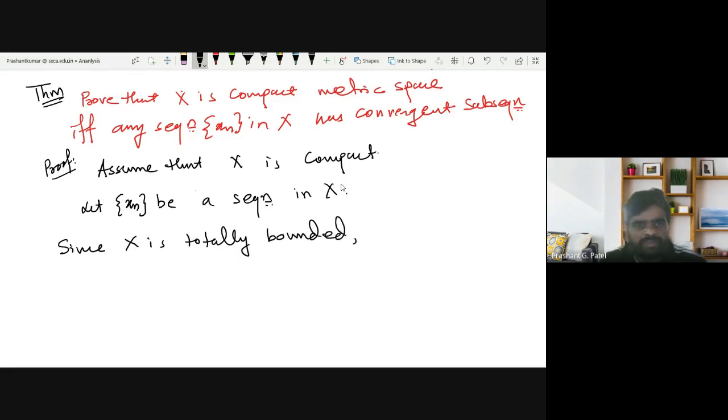Since X is totally bounded, as we have discussed, any sequence has a Cauchy subsequence in it. That is the result which we did.